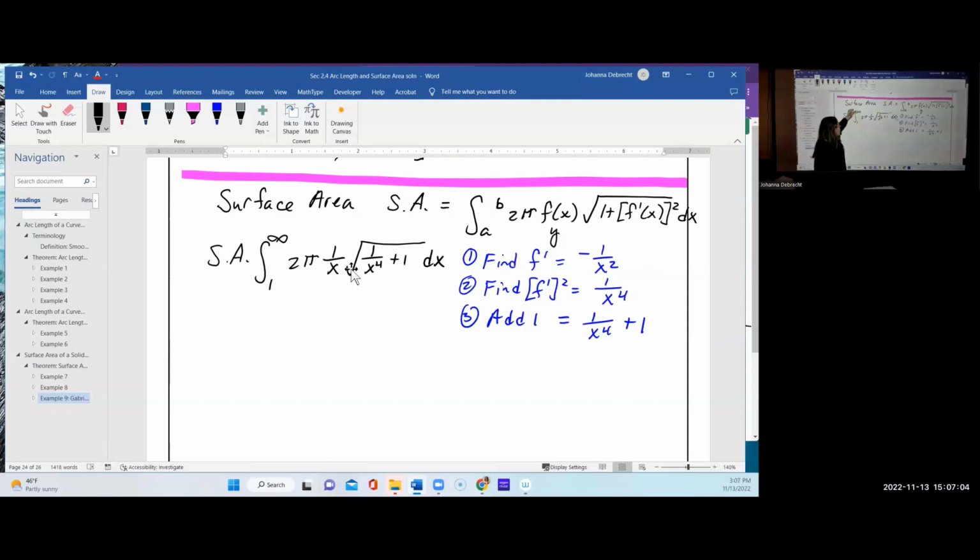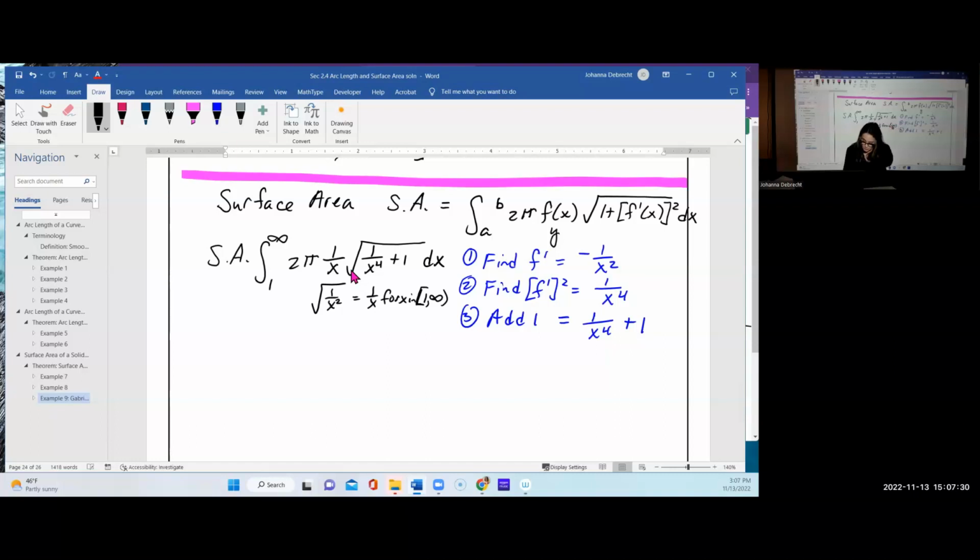Now, keep in mind that all my x values are strictly positive because I'm going from 1 to infinity. So taking the square root of something squared is not a problem here. So I'm going to move this under here by noting that the square root of 1 over x squared is equal to 1 over x for x in 1 to infinity.